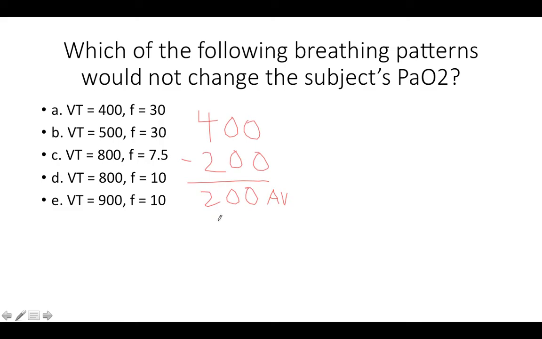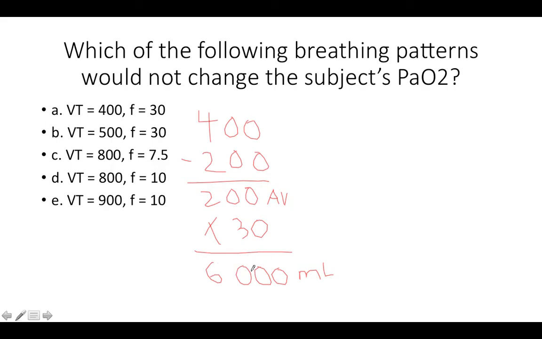If you multiply that value by the frequency, so every breath he's breathing in 200 milliliters, and he's breathing 30 times per minute. So if you multiply that by 30, that is going to equal 6,000 milliliters of air that is going to be exchanged at the alveoli.